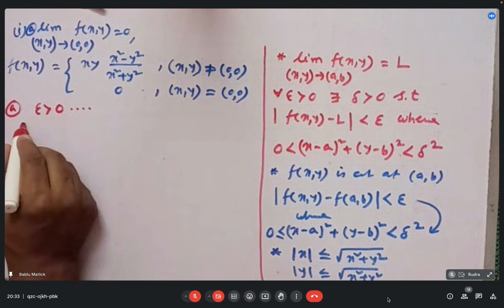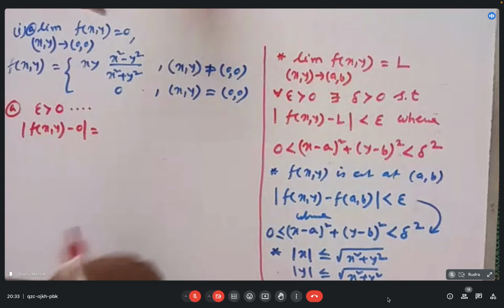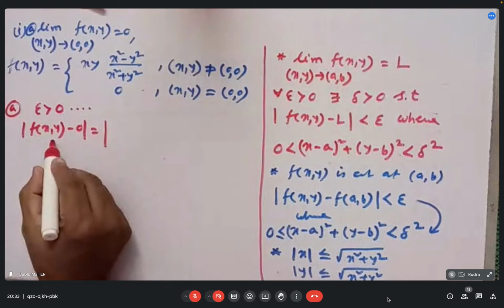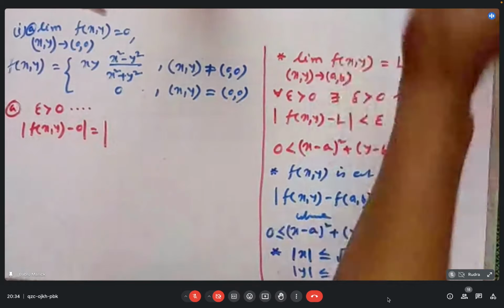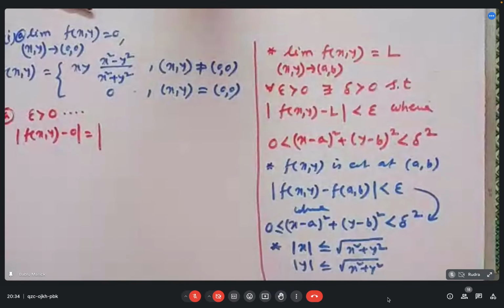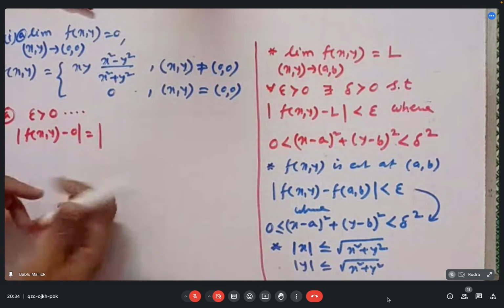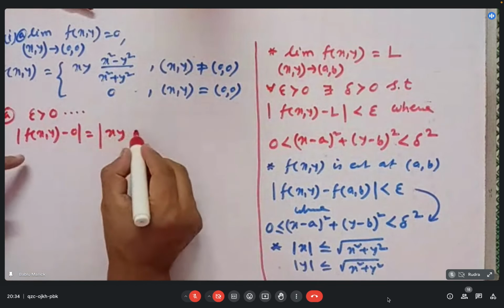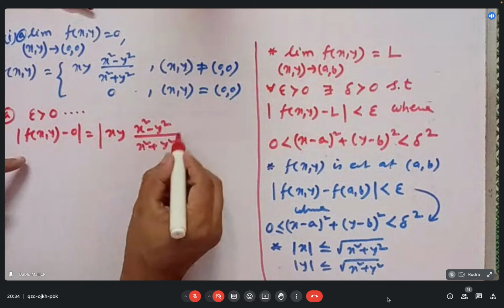So |f(x, y) − 0| is equal to |xy(x² − y²)/(x² + y²)|.